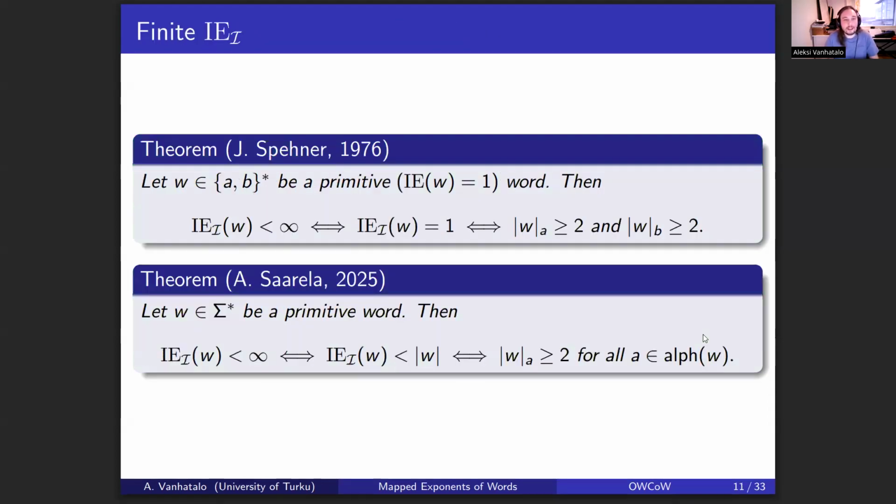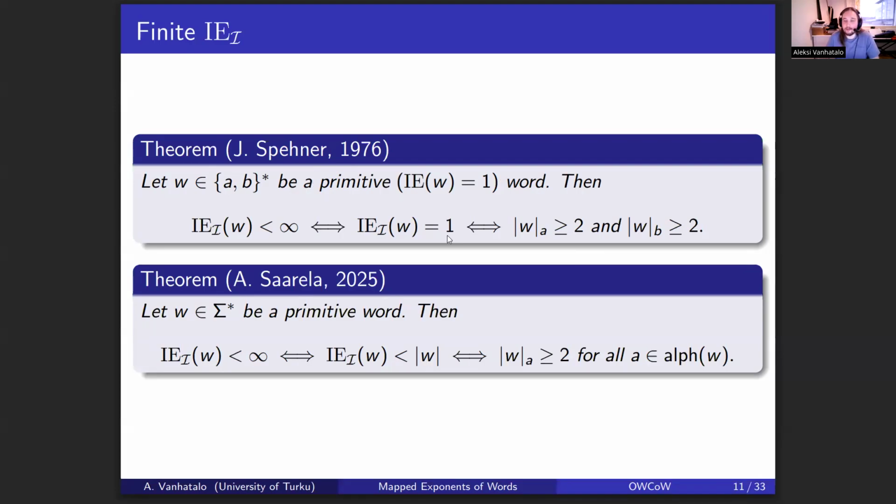So it goes like this. Actually, it's quite a bit older theorem than what we are now working on. In 1976, Spehner, and independently some others, but I think this is the earliest result, proved that if our word is binary and primitive, and both of the letters occur at least twice, then the mapped integer exponent is exactly 1.